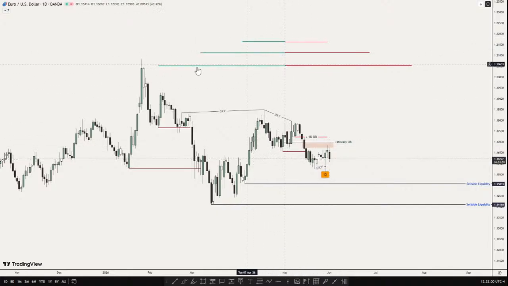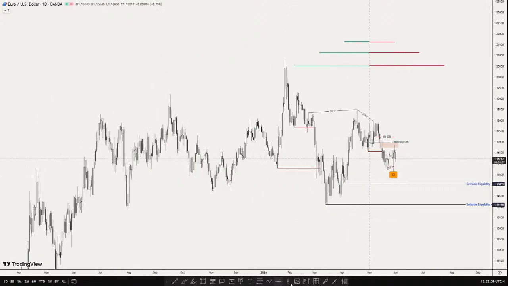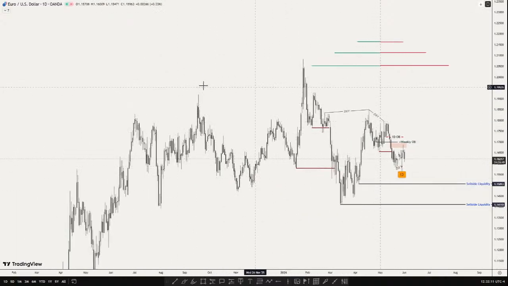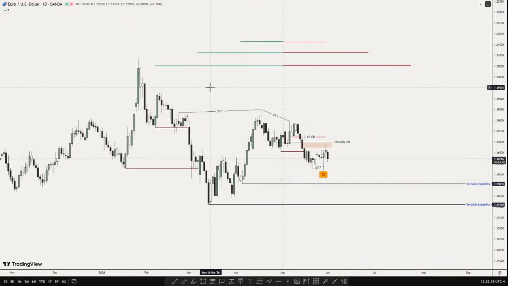So if we look at 60 days back, we had a big structure shift that is here. This is a structure shift after we swept these old highs here. And then if we look at the points of interest that are fair value gaps or order blocks, we can see there is an order block here, which is also an old high.